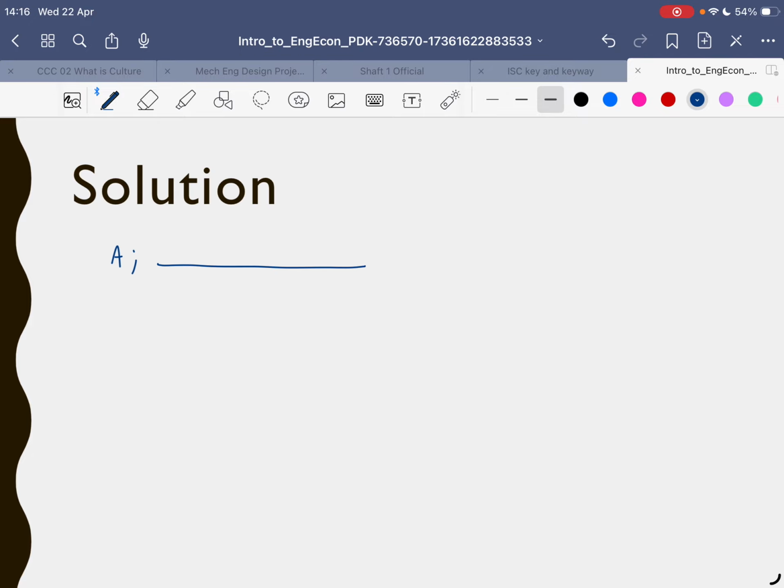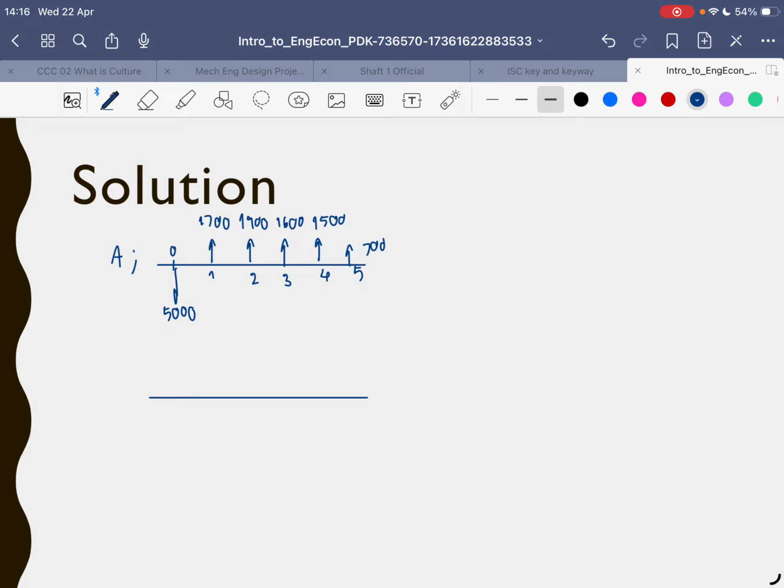For option B, you have years 0, 1, 2, 3, 4, 5. The initial outlay is 2,000, and then you have returns of 400, 700, 500, 400, 300. You want to compare these two projects. Which one is better?